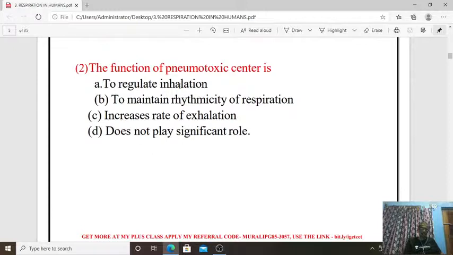To regulate the inhalation, to maintain the rhythmicity of respiration, increases the rate of exhalation, does not play significant role. So the function of pneumotaxic center is to regulate the inhalation. To regulate the inhalation is the answer for the second question.